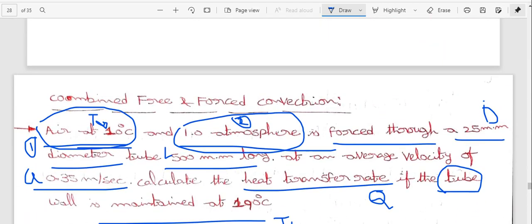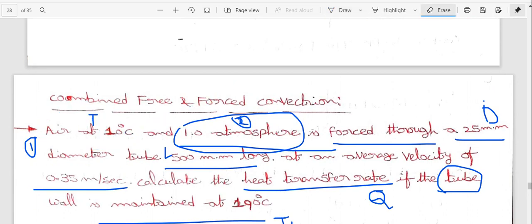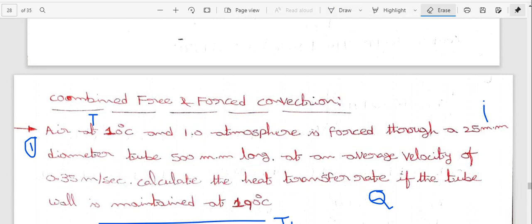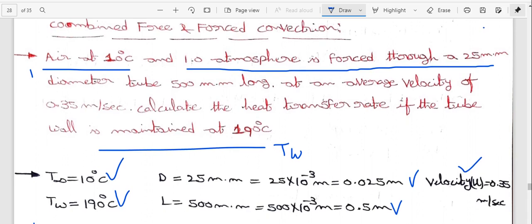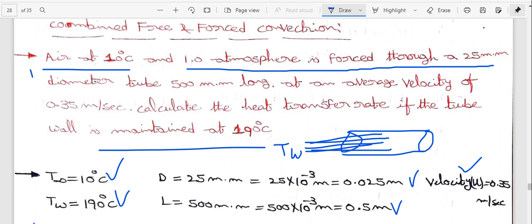Again I am explaining this question. The air at 10 degrees and 1 atmosphere is forced through a 25 mm diameter tube at an average velocity of 3.05 meters per second.